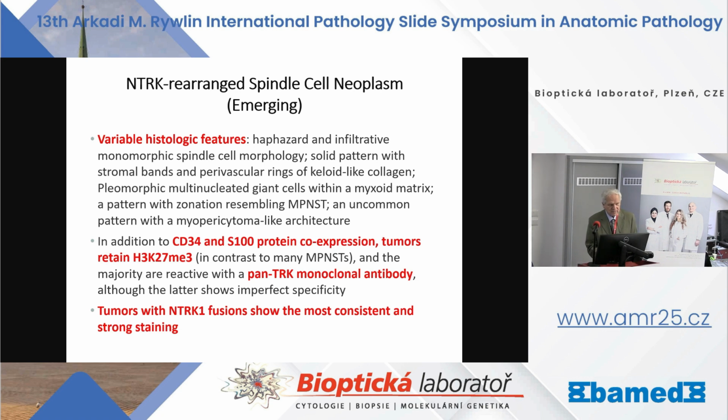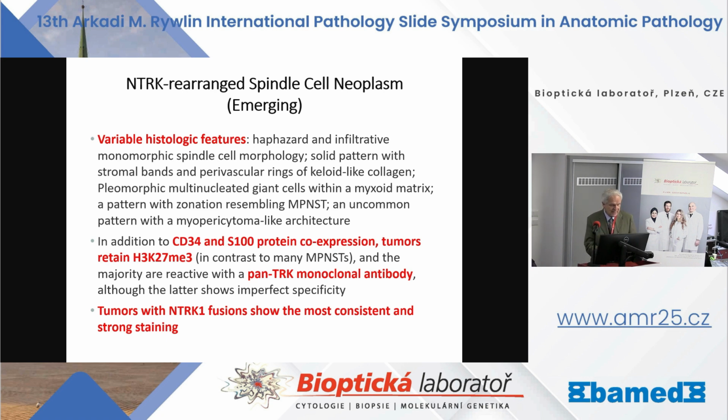The histology is very, very variable. It's possible to have infiltrative monotonous spindle cell morphology, a solid pattern with stromal bands that we can see in our case, perivascular rings of keloid-like collagen, pleomorphic multinucleated giant cells within a myxoid matrix, a pattern with lobulation resembling MPNST, and a common pattern with myopericytoma-like architecture.